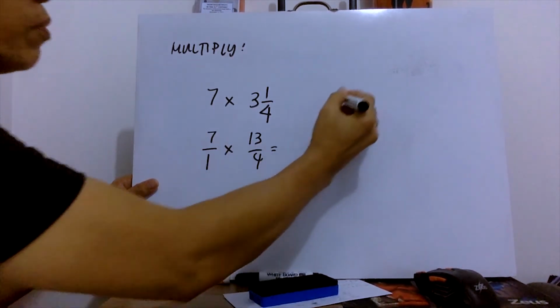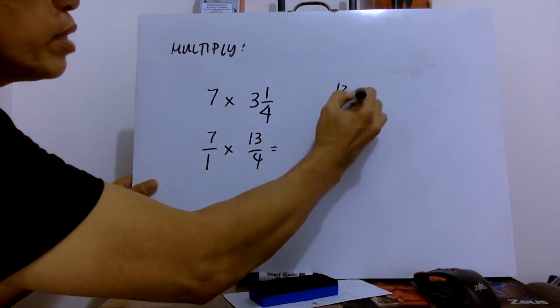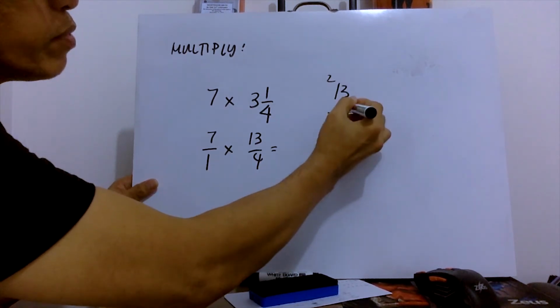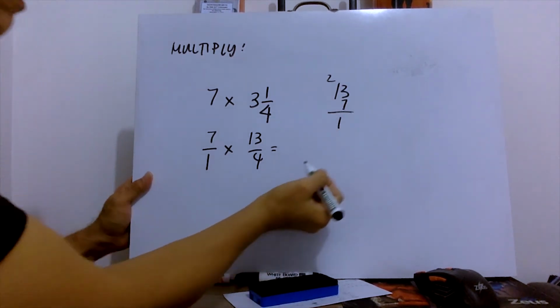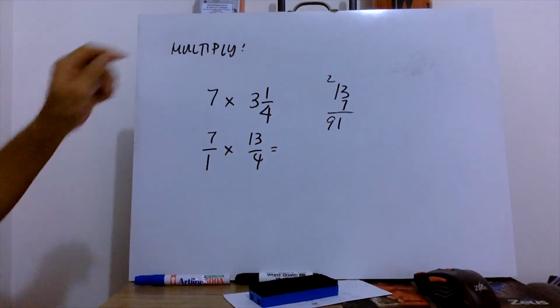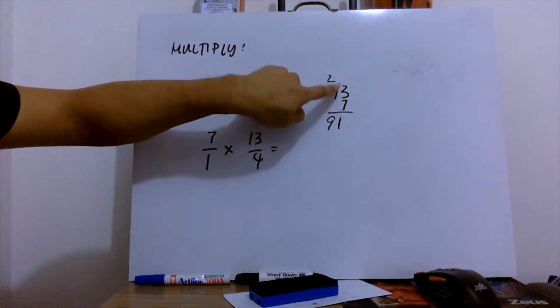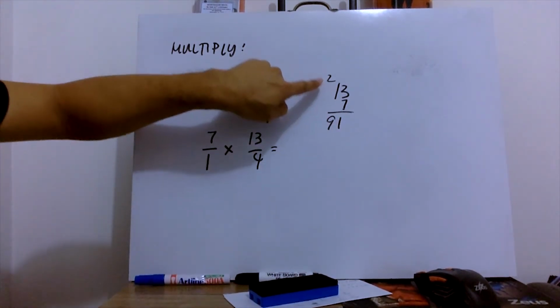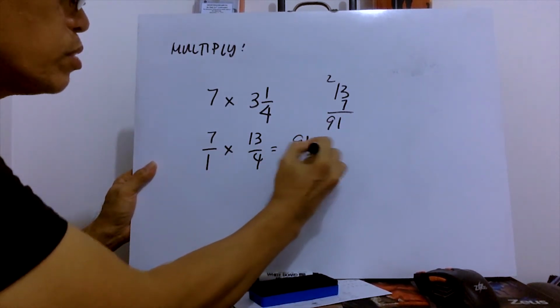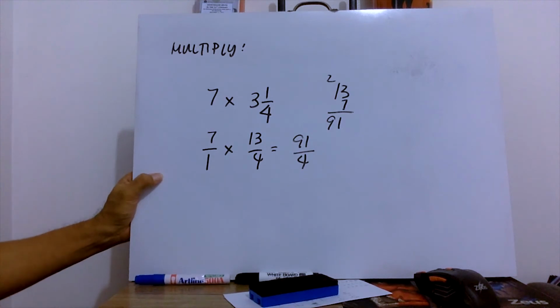And then multiply. What is 13 times 7? 7 times 3, 21. 7 times 1, 7 plus 2, 9. Okay. It's 91 over 4. There. Simple as that.